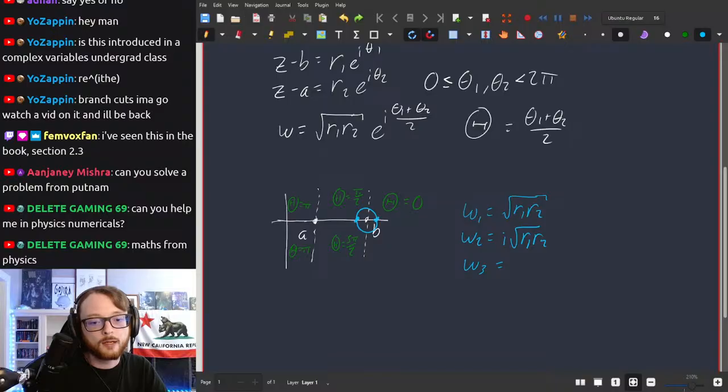So maybe W2 from above is that, but W2 from below, B is coming at it, B is approaching pi, whereas A is approaching 2 pi. And so we're getting an angle of 3 pi over 2, which is minus i root R1, R2. Okay.